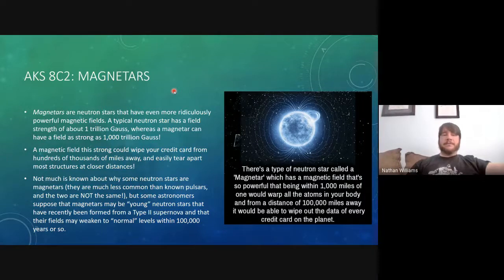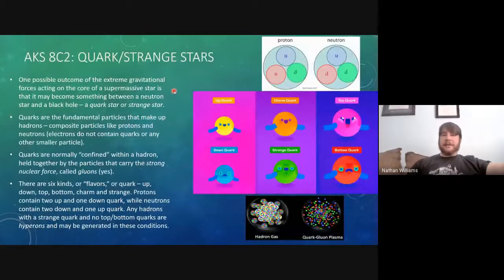And it's been supposed or proposed that they may kind of calm down, magnetically speaking, in a range of about 100,000 years, which is pretty short for astronomical timescales. So they may go back to a normal magnetic field strength of a neutron star, and they may actually even convert into a pulsar at that point, because they might actually be able to increase their rotation rate if they weaken their magnetic field.